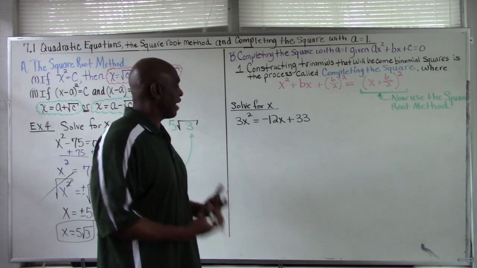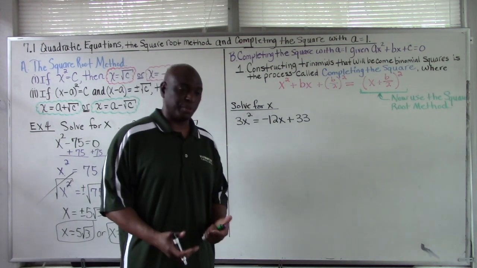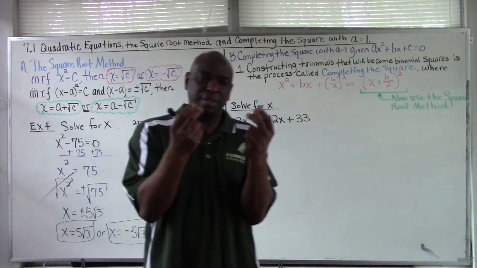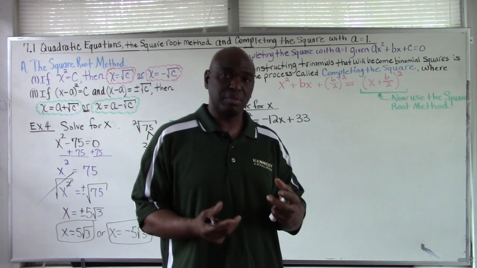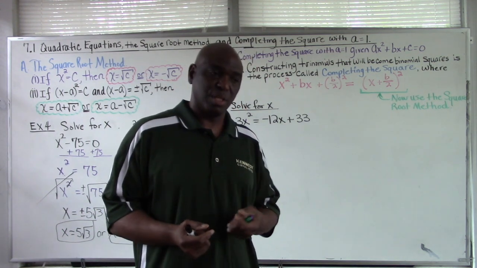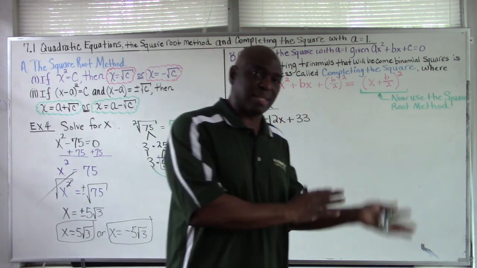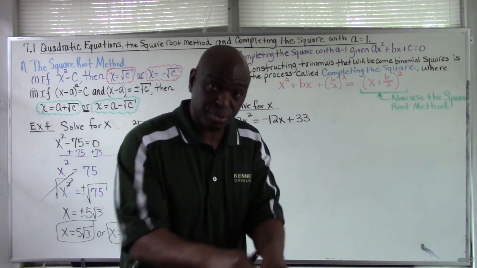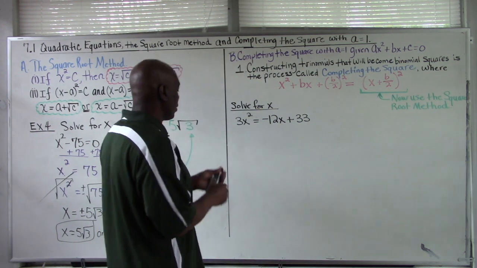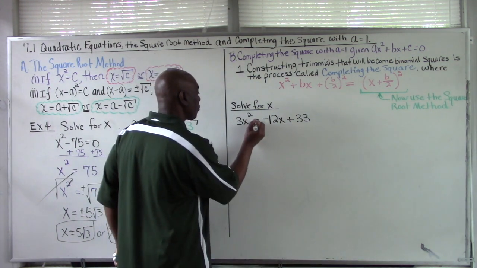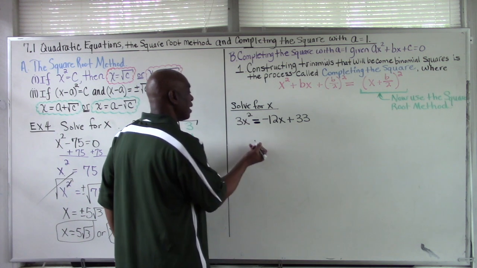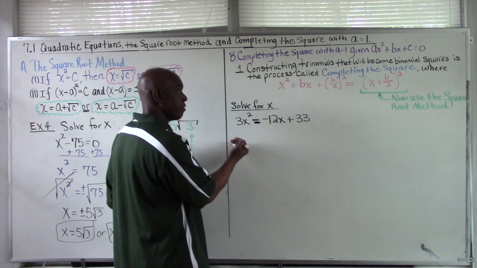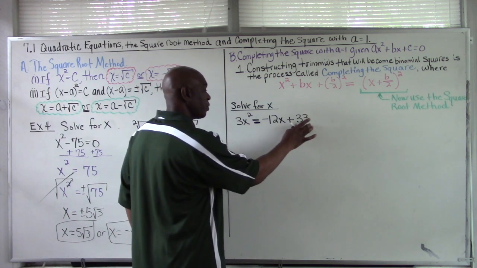All right, so the first thing we want to do in this case is, wherever you see a variable, like an x, put all the variables on one side and put the constant term on the other side. Okay? In other words, here's the equal sign. If you have a variable like an x squared or x, they should be together, and the constant 33 should be by itself.